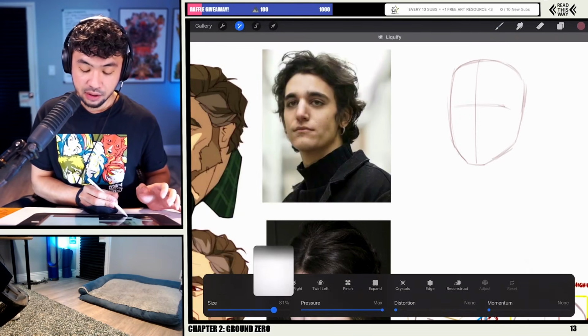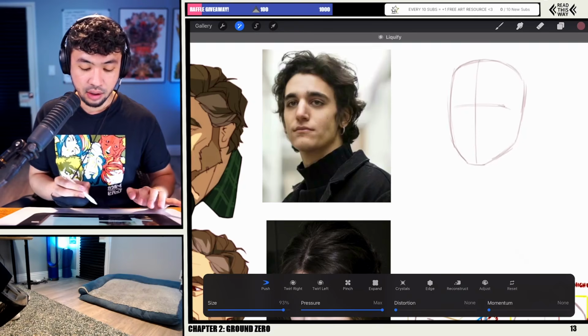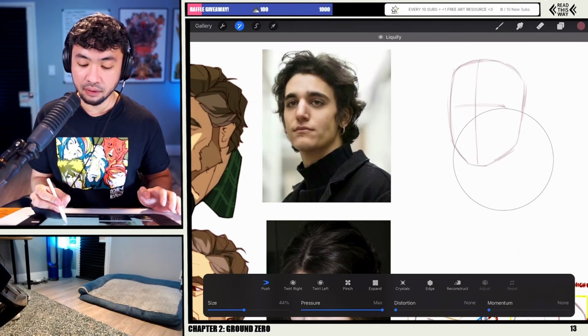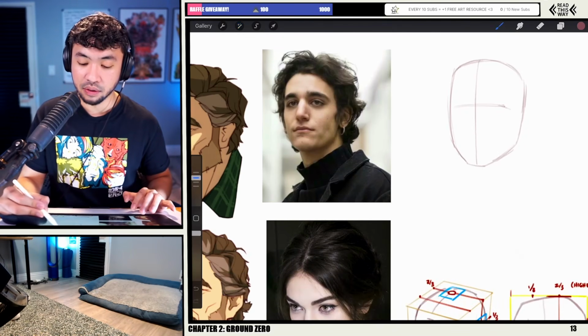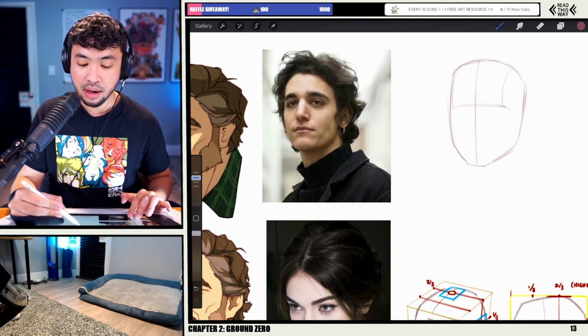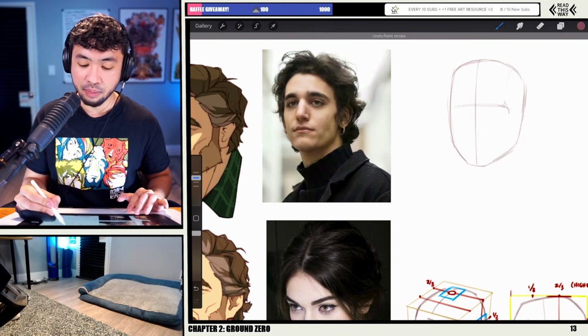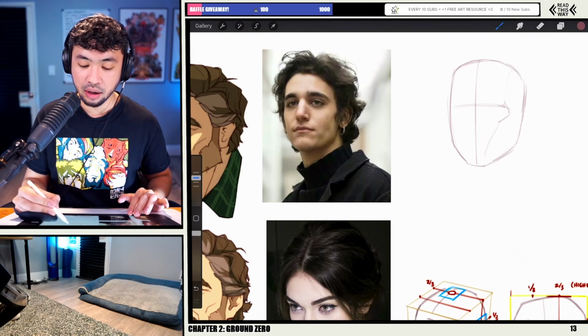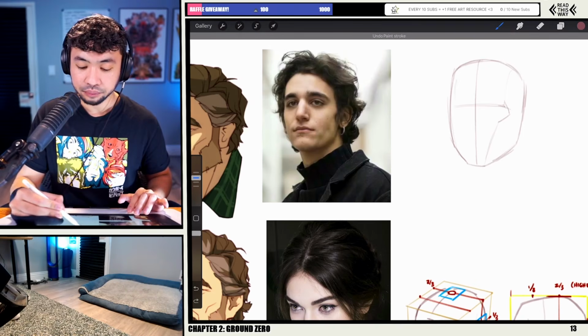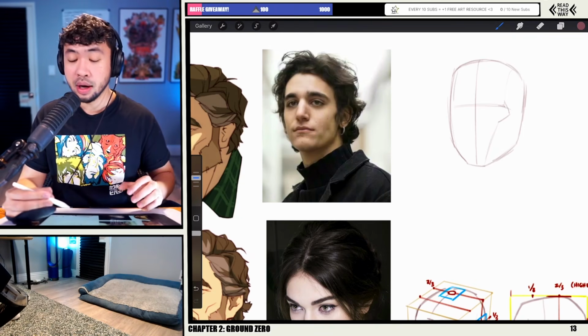And keep in mind that even though this is a flat object right here, I'm still considering a lot of the volume and the form of the head. So there's going to be a side plane here. I'm just not drawing it, but you could imagine there's a side plane there. There's the zygomatic bone and the cheekbone going this way, and so there's always structure there.